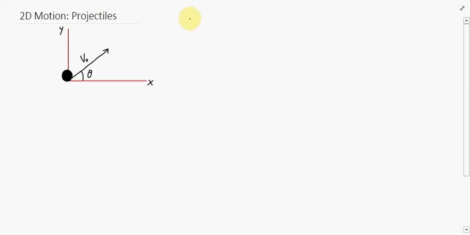So there are two things that we'll typically look at. One of them is the velocity of the specific projectile, and the other one is the position of the projectile. Remember that velocity is defined as a vector quantity, which implies that it has both magnitude as well as direction.